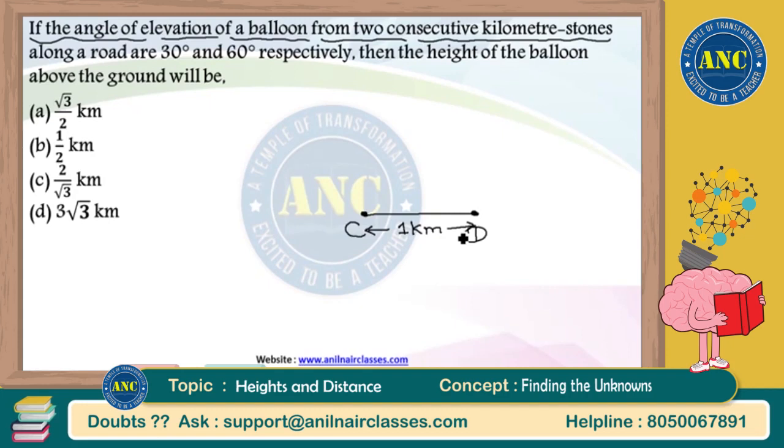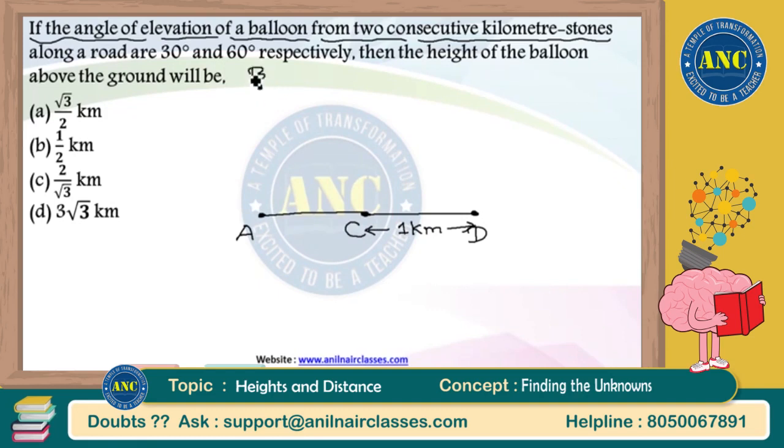The angle of elevation of a balloon from 2 consecutive kilometer stones along a road. There is a road. I will name this point as A. This entire thing is the road ACD. ACD is a road, and the angles are 30 degrees and 60 degrees respectively. There is some balloon which is flying here.